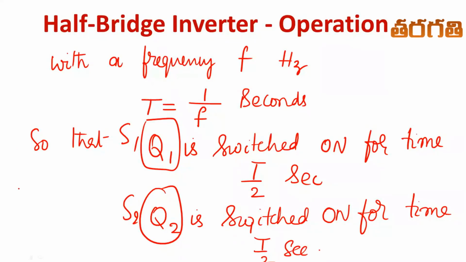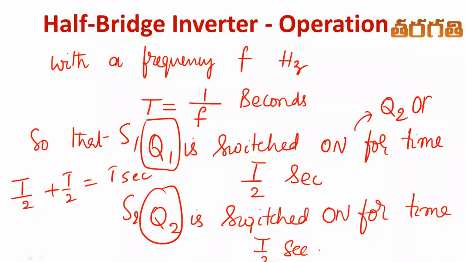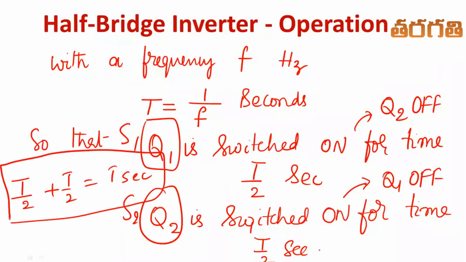Here the switches are S1 and S2, that is, Q1 and Q2. So both the switches are operated for a period T by 2 plus T by 2, which is equal to T seconds. When Q1 is on, then Q2 must be in off state. When Q2 is on, Q1 should be in off state. So the total time is equal to T seconds.